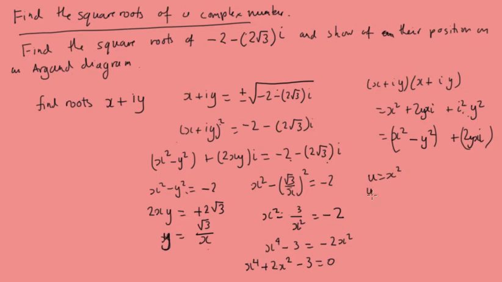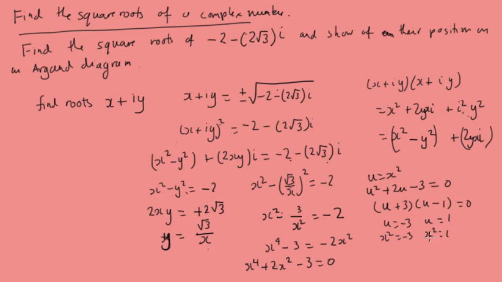So now we have u squared plus 2u minus 3 equals 0, and we can solve this. So (u plus 3)(u minus 1) equals 0, so u is going to be minus 3, or u is going to be 1, but this is x squared equals minus 3, and x squared equals 1.